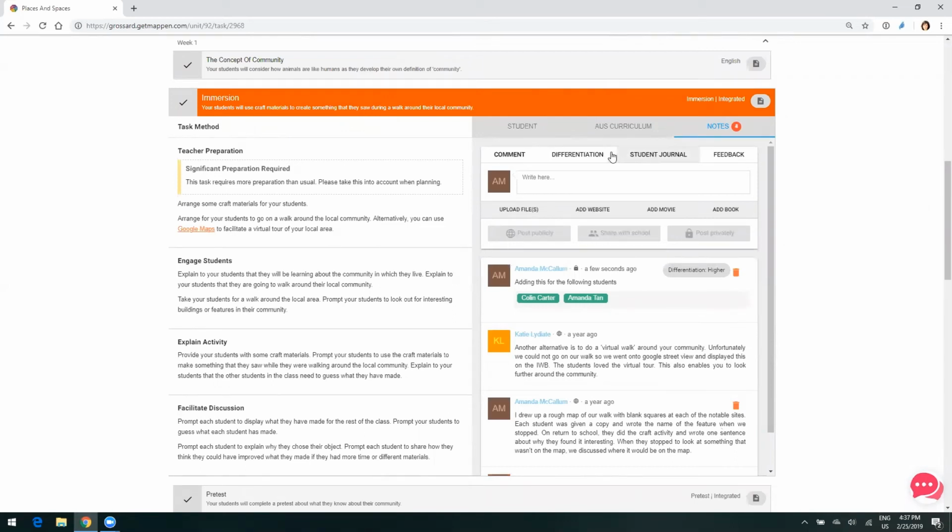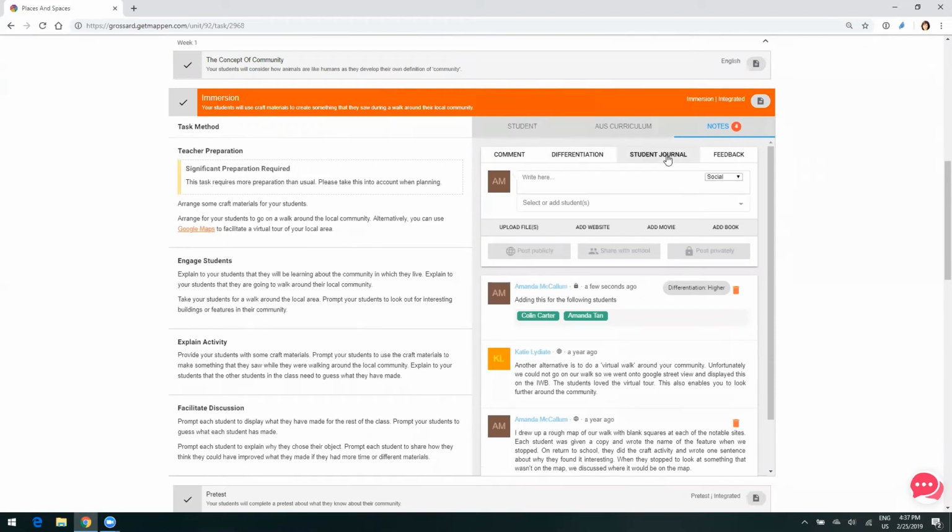Under the student journal, differentiation was one area. Under the student journal, the intention there is that it's primarily about building those anecdotal records. If I contextualise it for you, I never taught a class where 2 or 3 students didn't stand out for one reason or another, good, bad or indifferent.